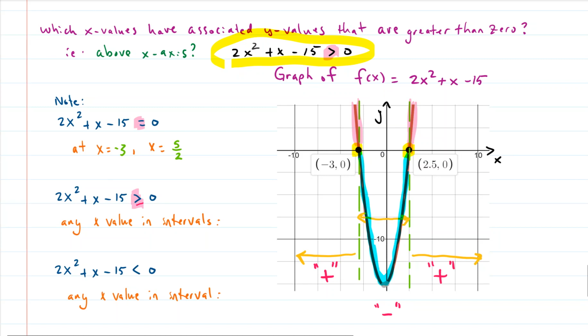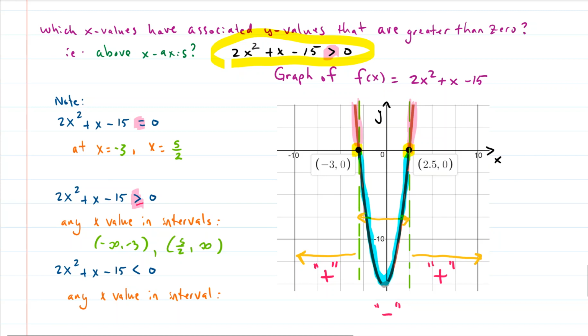So where is it greater than or equal? Well, we know where it is greater than. That was the answer we gave originally, right? Let's write that down. The answer we gave originally was from negative infinity to -3. We didn't include -3. And then from 2.5 or 5/2, should probably be consistent here, 5/2 to positive infinity. And we didn't include 5/2 or -3 because that's where it's equal.